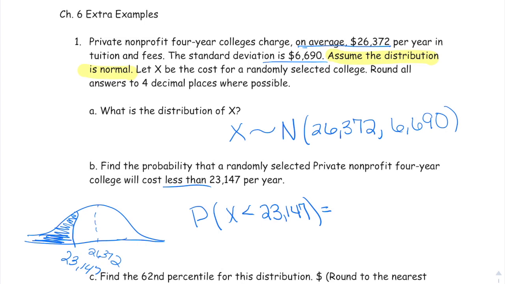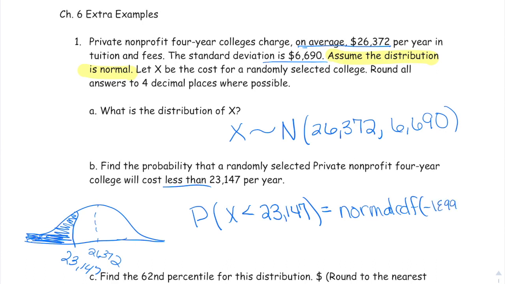So when we put this in our calculator, we can use normal CDF. Remember, in the normal CDF you put in the lower bound and upper bound as your first two numbers. It's the lower bound of the shaded area. In one of my earlier videos I used -1E99, and in some of the help videos they use like -99,999. Whatever you want to use, I'm just going to use -1E99.